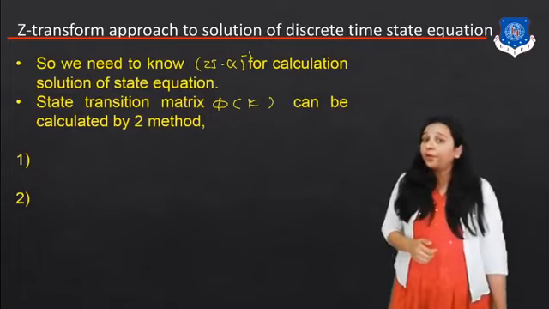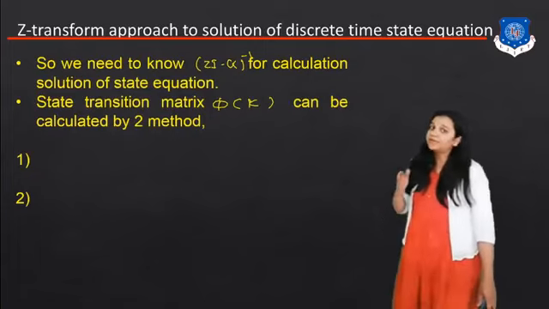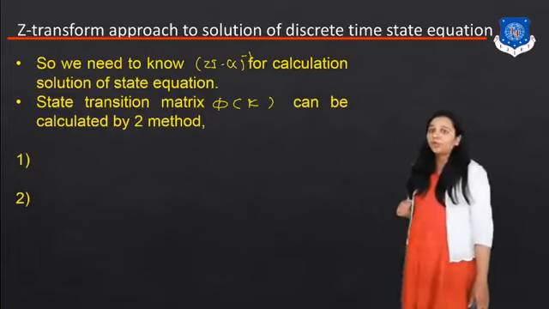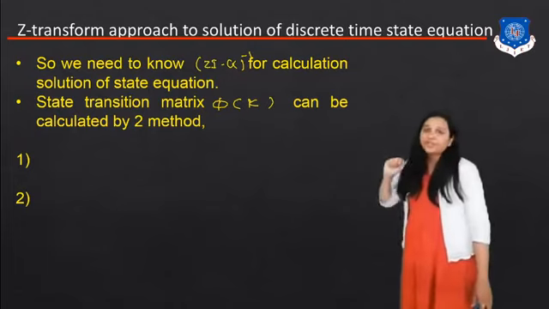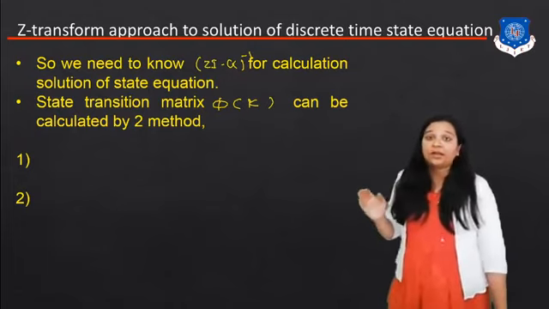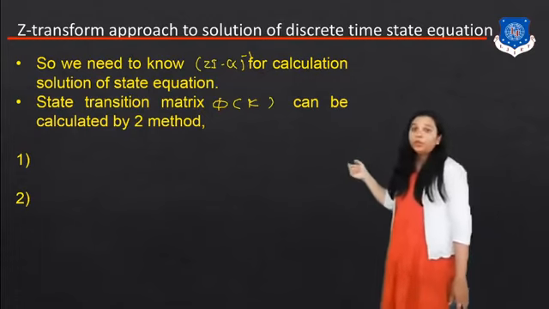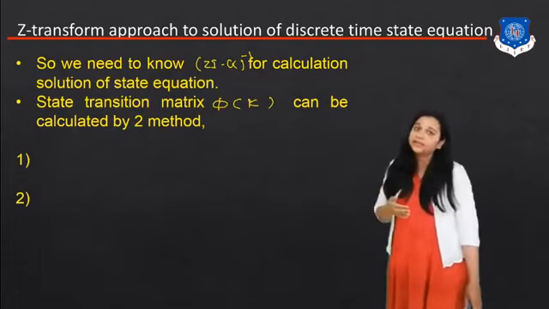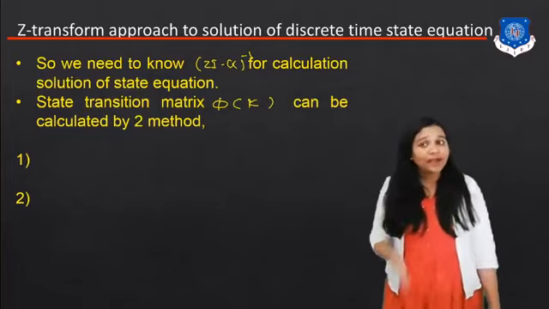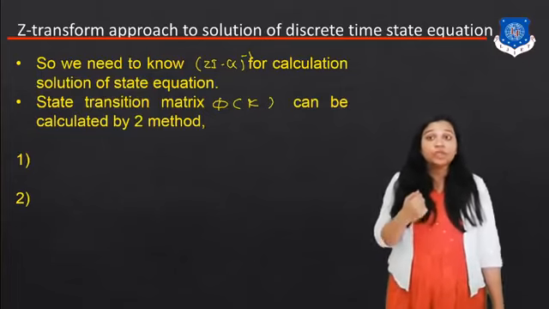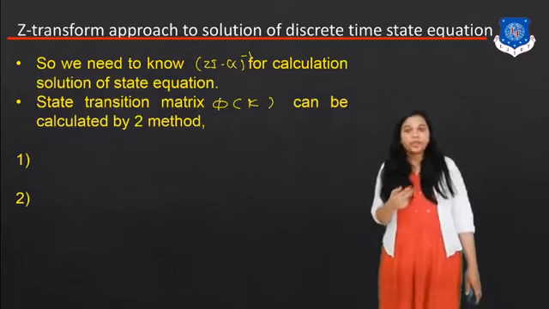Okay, so we need to know (zI minus G) inverse for the calculation or the solution of the state equation, and the state transition matrix phi of k can be calculated by these two methods. If they ask in the question to find the value of the state transition matrix, we follow two methods.